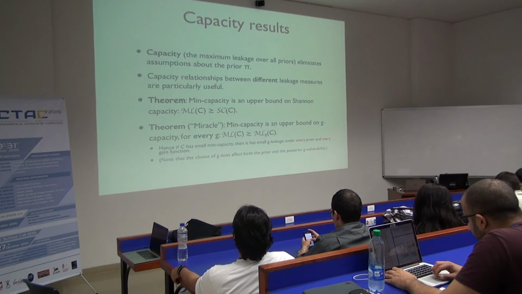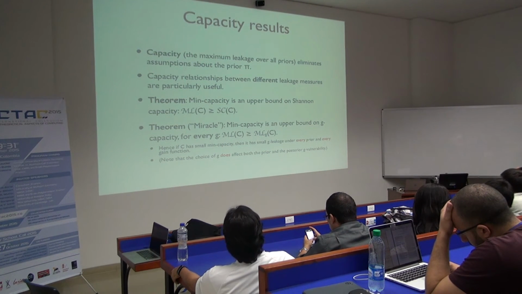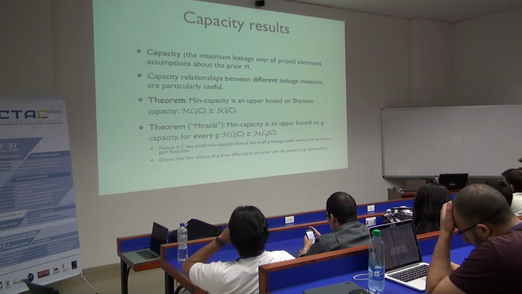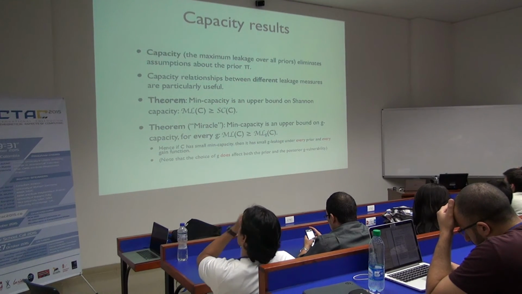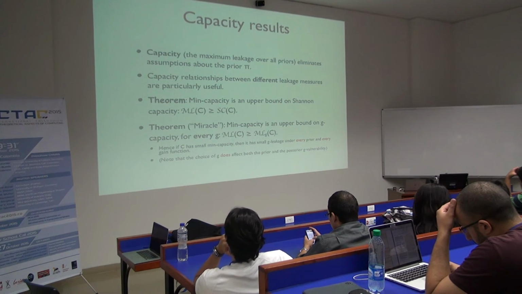Then another even nicer theorem that looks a bit counterintuitive is that mean capacity is actually an upper bound on G capacity for every gain function, right? So no matter what gain function you're using, a channel cannot leak more for a gain function than it leaks for mean capacity, okay? Which sometimes might look counterintuitive, because you might say, okay, but maybe this G vulnerability talks about k tries, so it gives the adversary k tries. So if you have k tries, then it's better for the adversary, right?